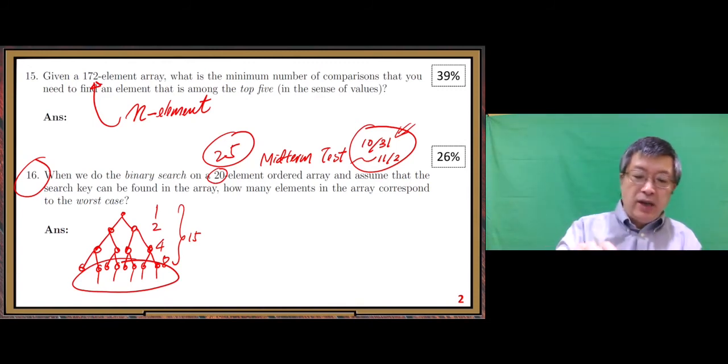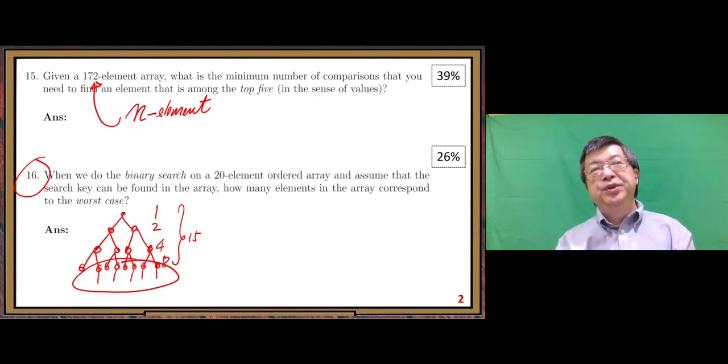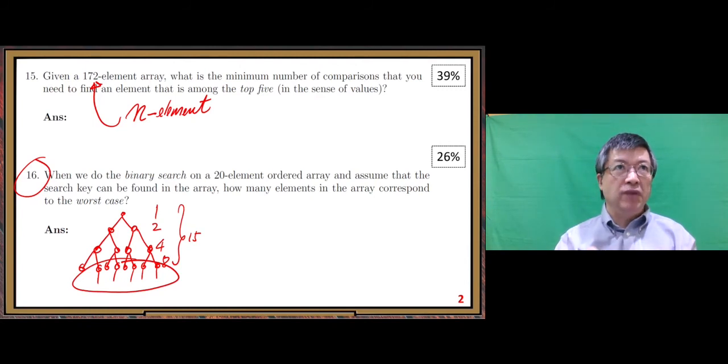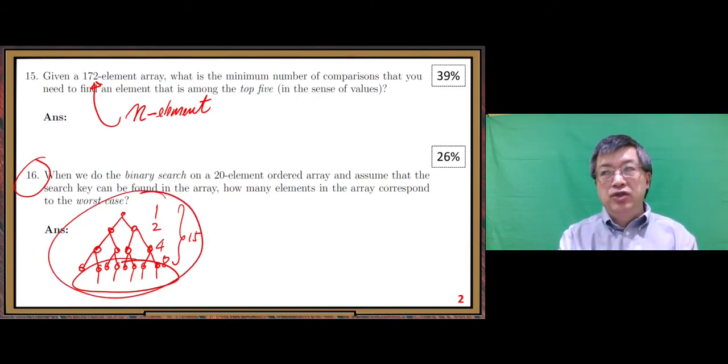But here, I want to change it in a way that you need to really do some work. Another thing is, think about solving a question like this. Do you always need to draw a binary tree like this for the binary search? Maybe not.